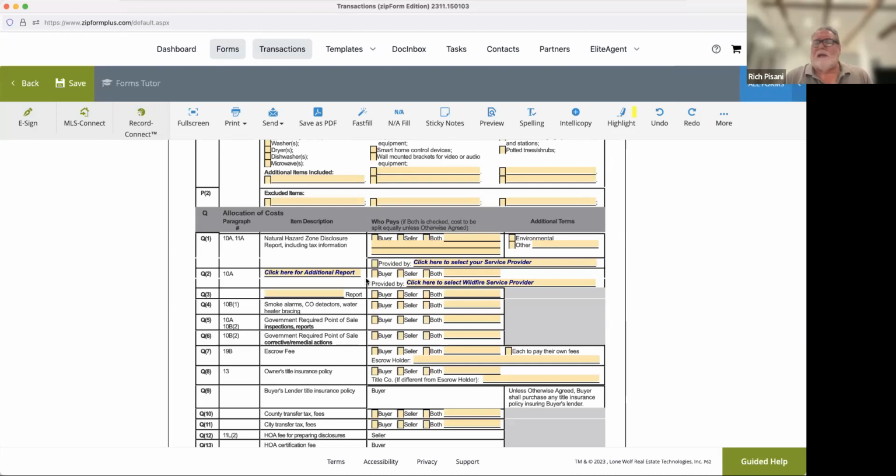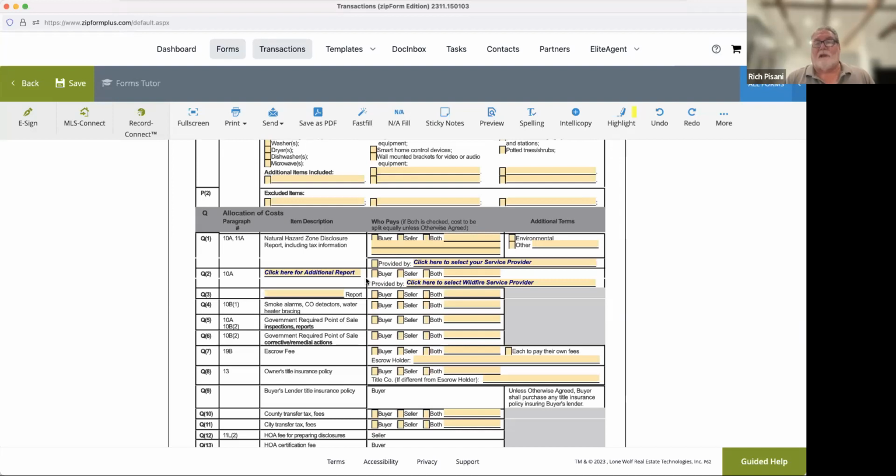So, other reports, don't fill that out. Because I see that buyer, a general inspection report, the buyer's going to pay for a general inspection report. Don't do that, because the minute you do that, the lender, if there's a loan, wants to see it, and you don't want a lender to see it. Same with a termite report. Don't put termite report.